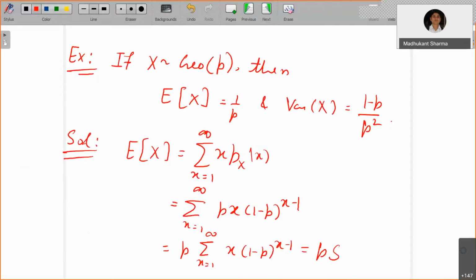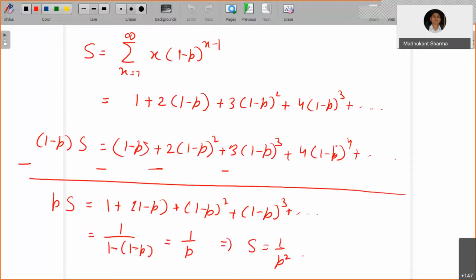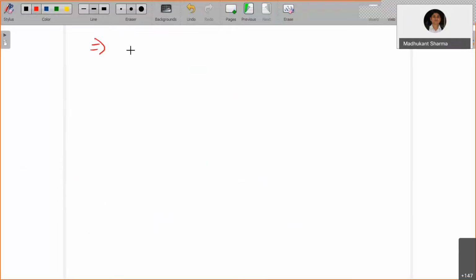So what you observe from here is, this implies expectation of X is equal to p times S, that is p times 1 by p square. So that is going to be 1 by p.